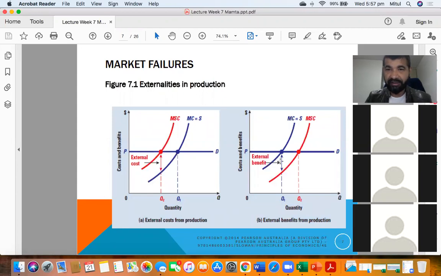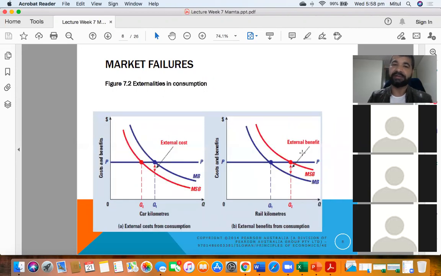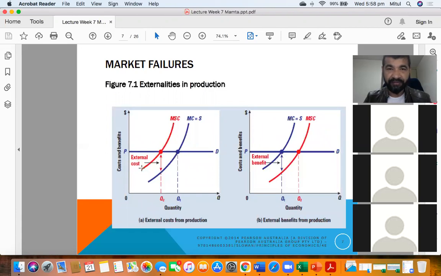So this is actually our production side. If something is negative, we will produce less. If something is positive, we will produce more. Consumption works the same way. In this slide, we showed you from the supply curve perspective: supply less here, supply more here.